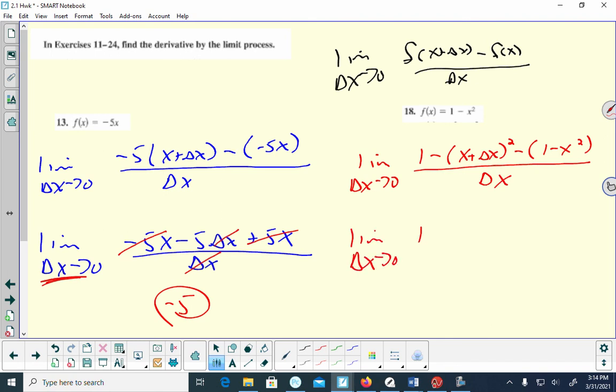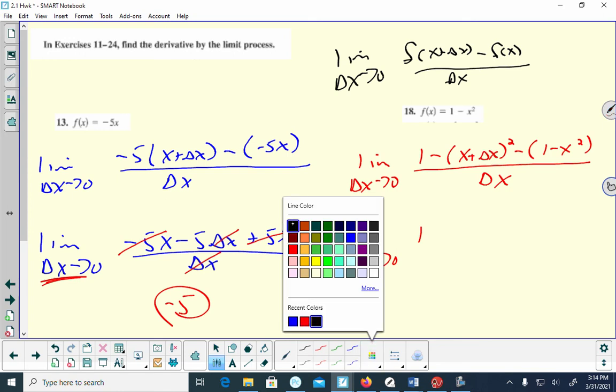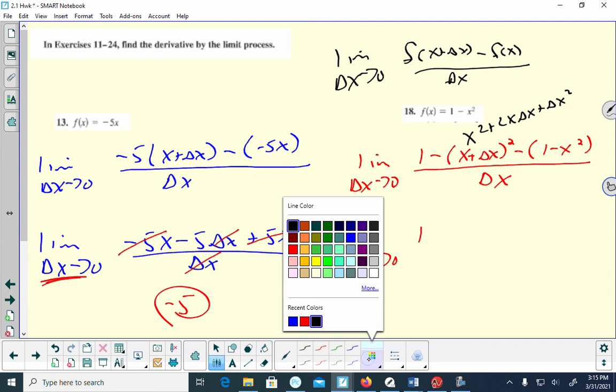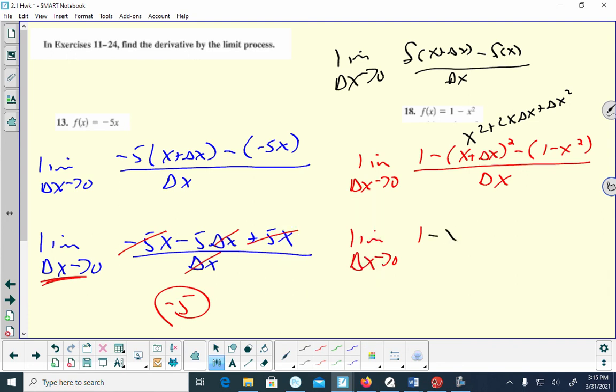So I'm going to have 1 minus x squared plus 2x delta x plus delta x squared, and I'm going to distribute my negative sign in the same step. So this will be minus x squared minus 2x delta x minus delta x squared minus 1 plus x squared, all over delta x.